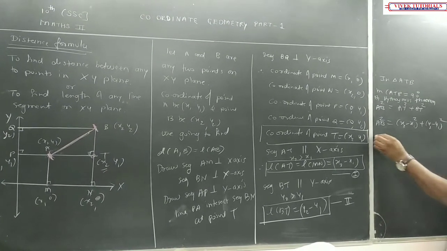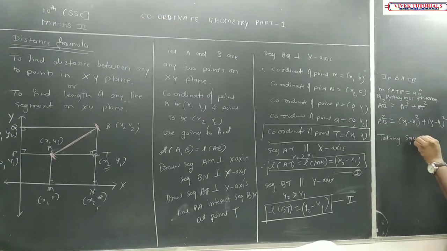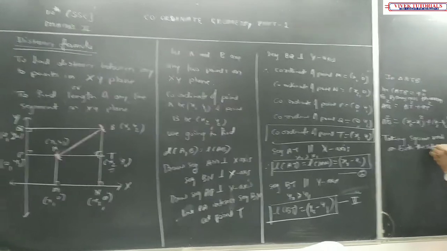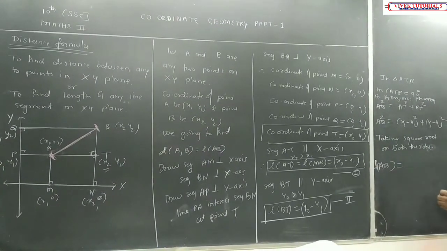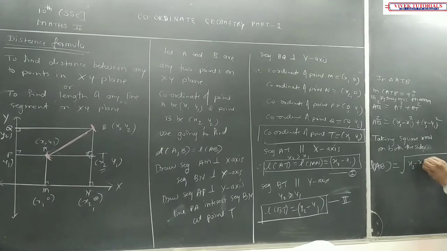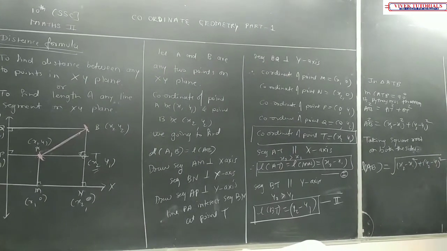So I am going to write taking square root on both the sides. So distance or length AB is equal to root of x2 minus x1 square plus y2 minus y1 square.